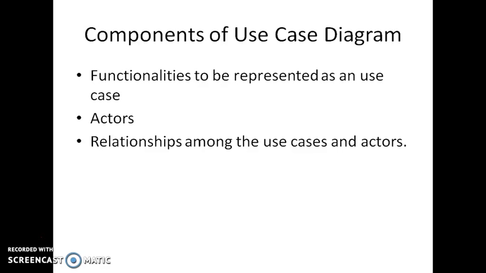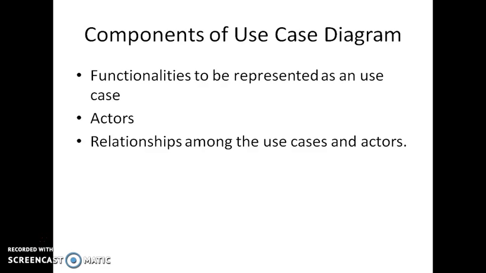There is a specific rule for naming use cases. The use case should start with the action and not with the noun. For example, valid use cases are open account, deposit fund, withdraw fund, close account, and so on.